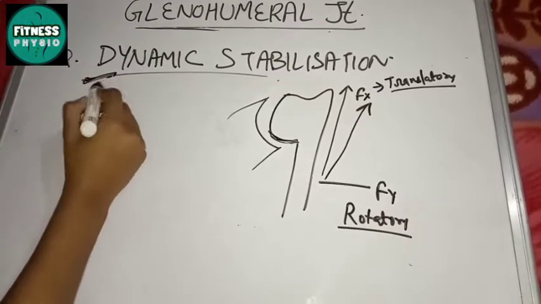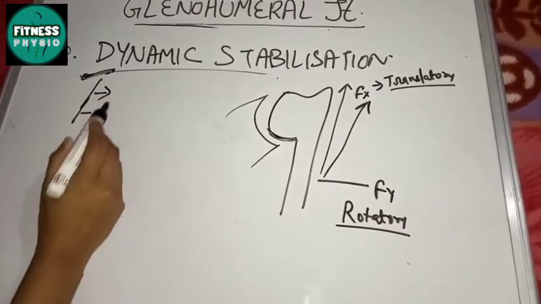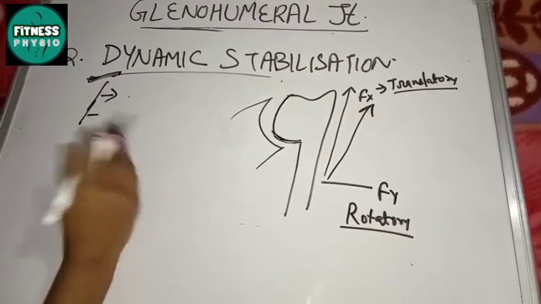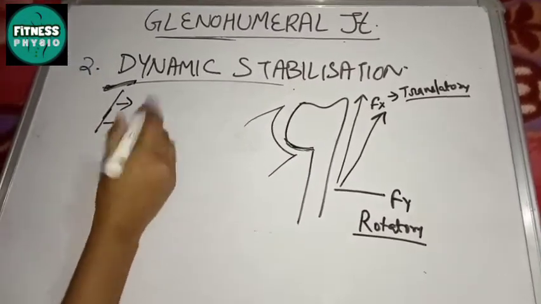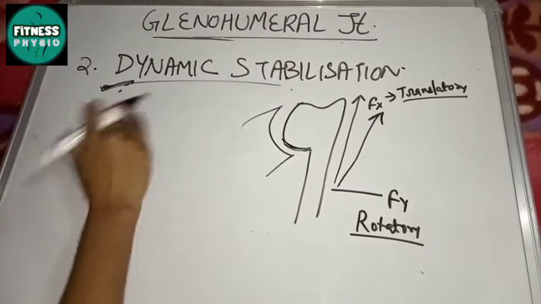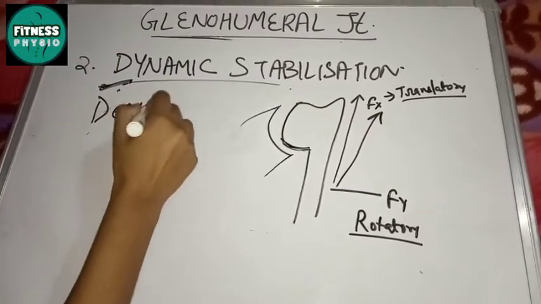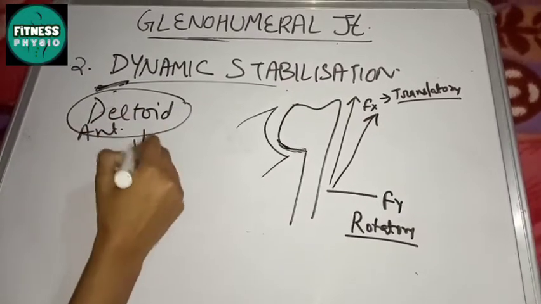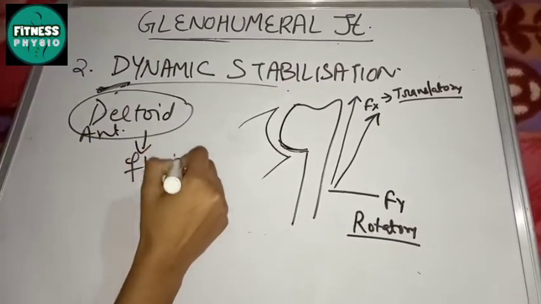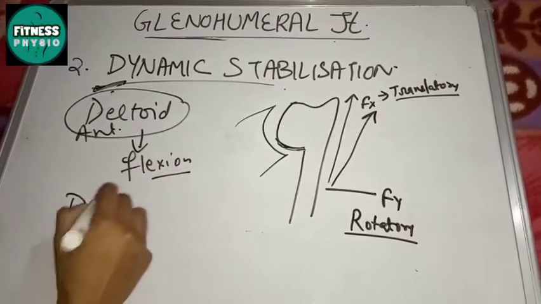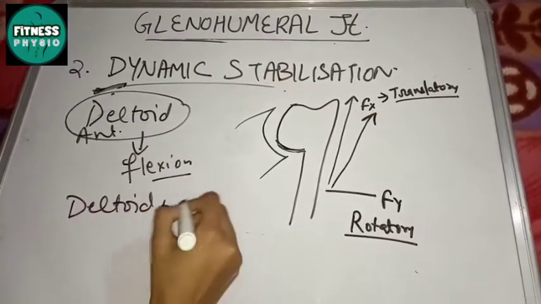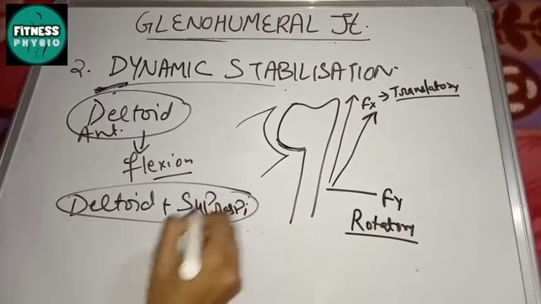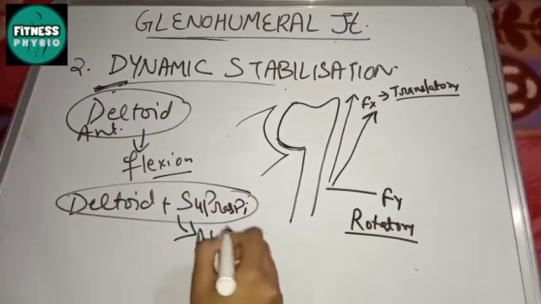So let's now discuss dynamic stabilization. Which structures are helpful in making your arm or shoulder joint stable when you are moving? As you all know, the deltoid muscle is responsible, the anterior deltoid is responsible for flexion movement, and the deltoid plus supraspinatus is helpful in doing abduction movement.